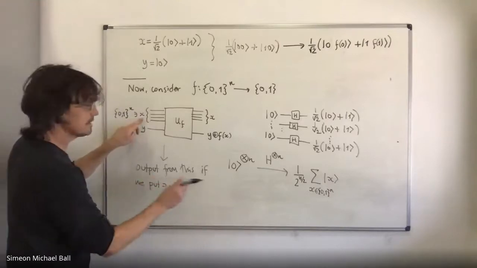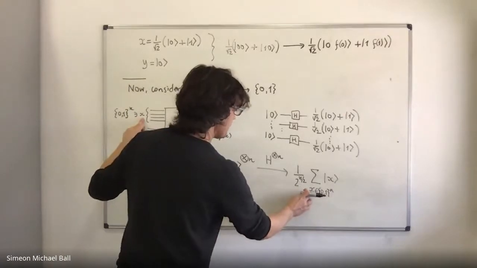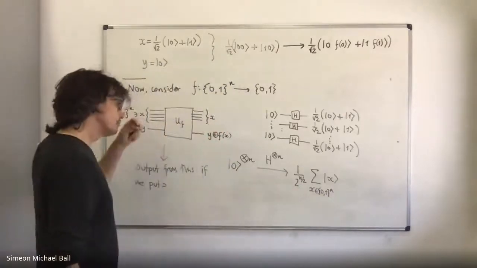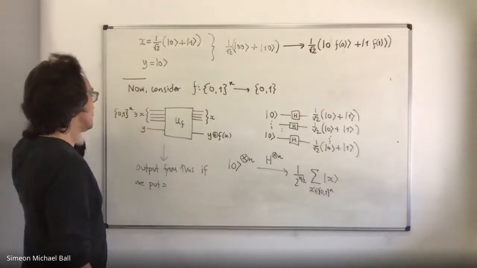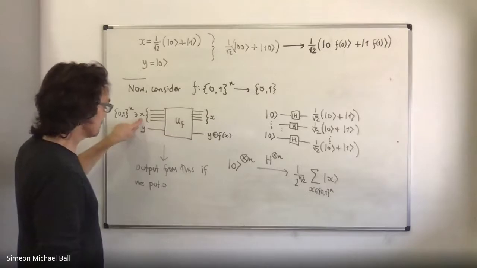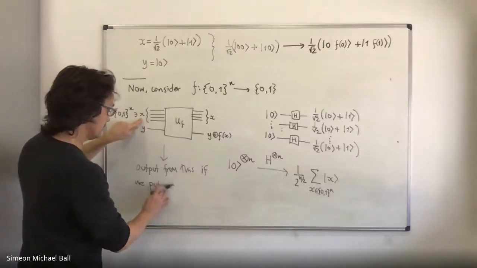I've used a different x here, but this is in {0,1}^n, so that's okay.